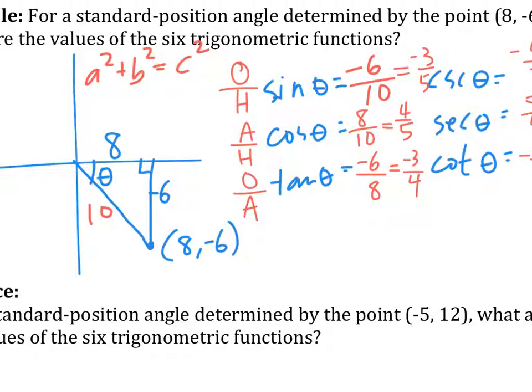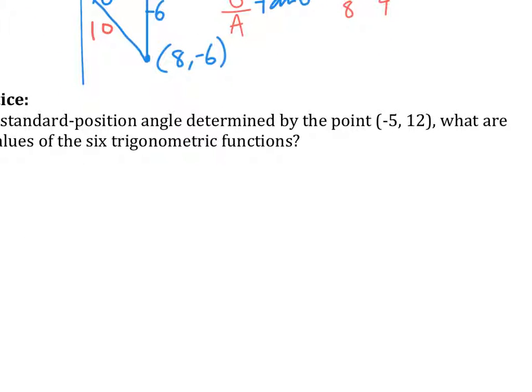Go ahead and try solving this. Draw the point -5, 12, draw a right triangle, and figure out all the sides. If you need a calculator to figure out the hypotenuse, do that. Or else 5, 12, and something is a special right triangle again. Then figure out the 6 trig ratios. If you need help, let me know.